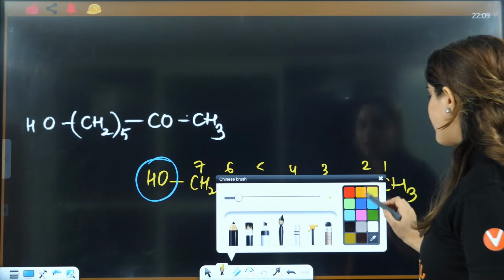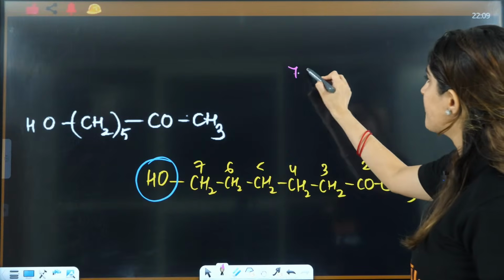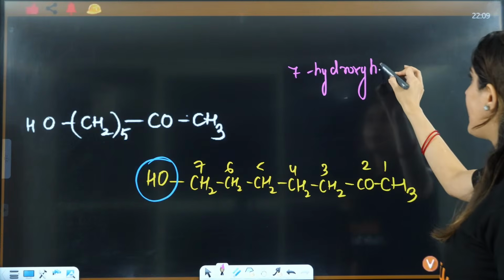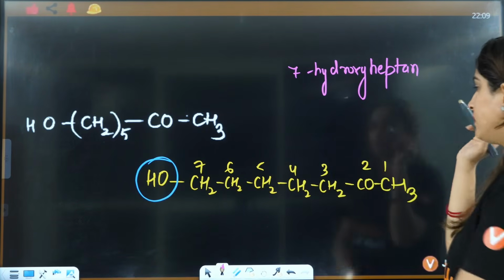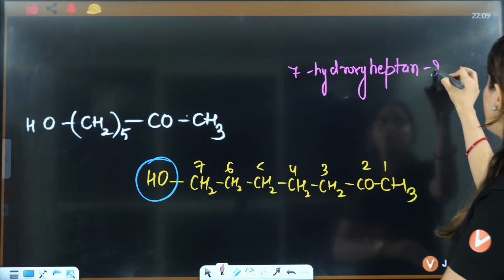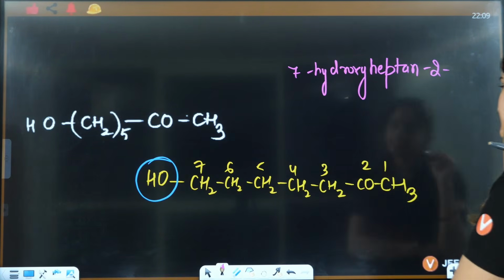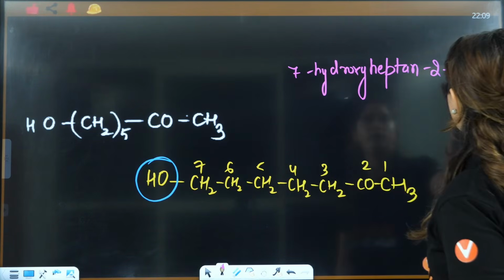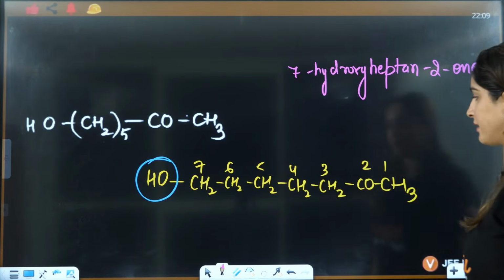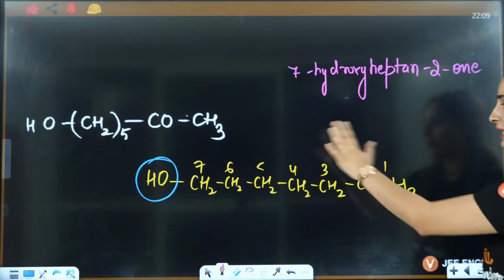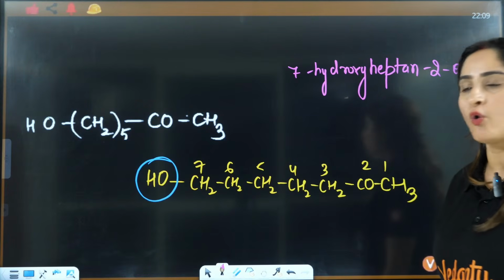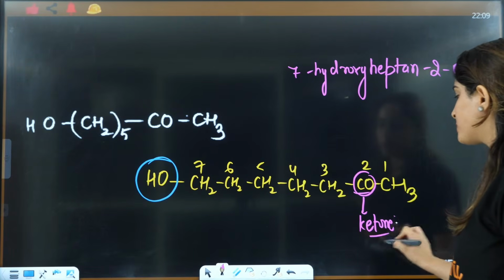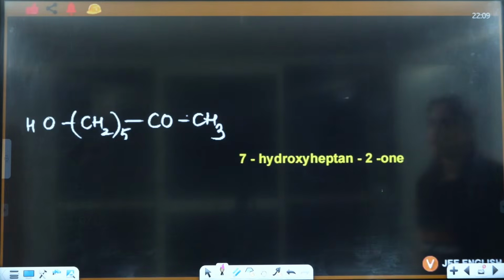On the 7th position you will have hydroxy, and this will be heptane 2 one, because this is the more priority. This is a simple ketone, so because this is the main group, we will write definitely as one, right?